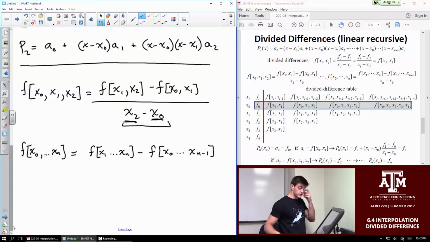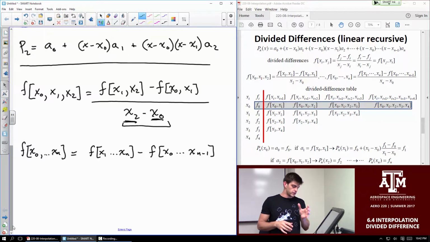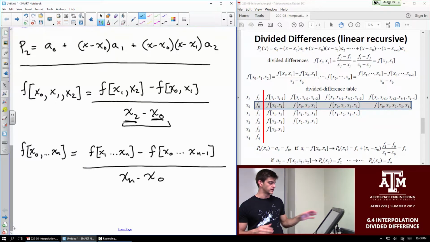Notice here that the two divided differences, one goes from x1 to xn, the other one goes from x0 to xn minus 1. So they overlap by a very large amount. Basically, all the numbers from x1 through xn minus 1 are shared between those divided differences. It's just that one of them starts one step early, one of them ends one step late. And you divide this whole thing by x sub n minus x0. And that is your divided difference for the highest order term.